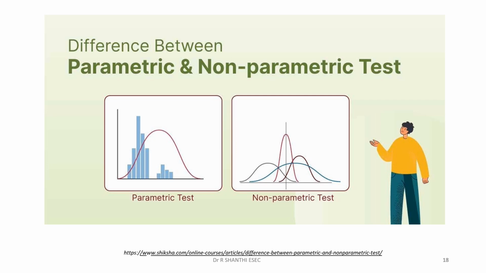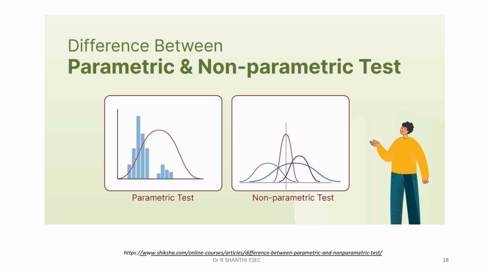If the population parameters are known to you, or else you can come in another way also. If there is a normal distribution in the sample, then you can go for parametric. If you get a bell-shaped curve in the histogram, then we can go for parametric test.